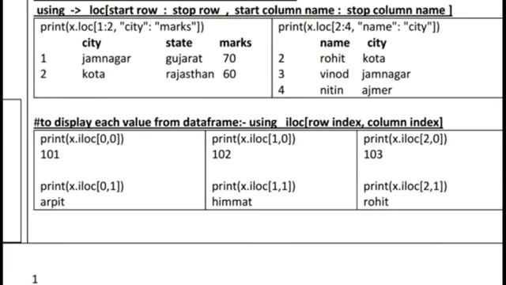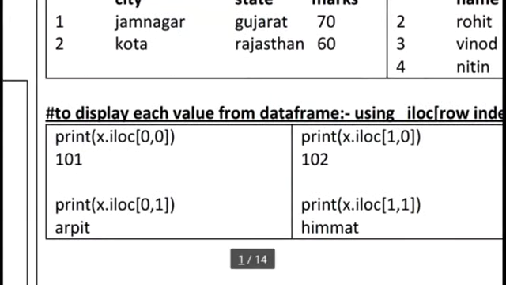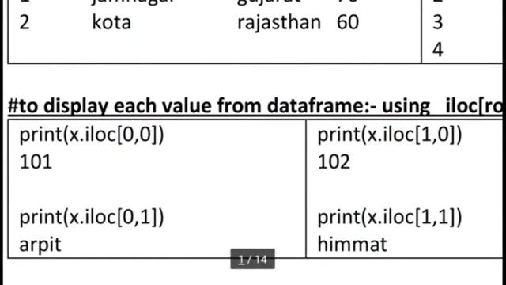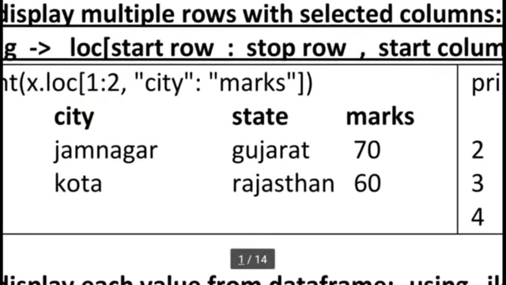But here I use iloc. iloc means integer location. Integer location means we use the row index number, comma, the column index number. So here I am using iloc, not loc, iloc. iloc is important. In iloc we can only use the row index number and column index number, but in our loc example I am using city colon marks.